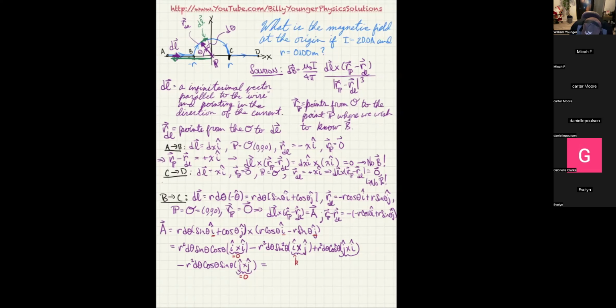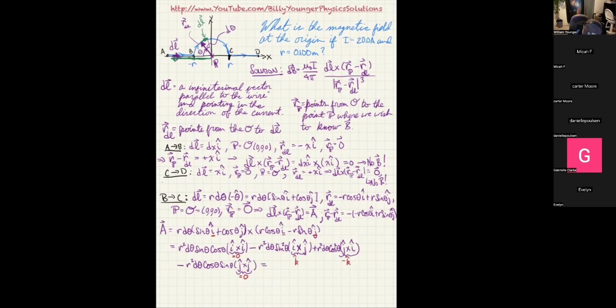And the j hat cross I hat turns out to be exactly the negative of k hat. So you can work with that a little bit. You can use the right hand rule. That's really all you need is the right hand rule, because you know the magnitude is going to be 1. But the main thing is you need the right hand rule to go I hat cross j hat and see where your thumb's pointing, or whichever way you choose to use it. Okay. So now we've worked out the numerator of that god awful integral.